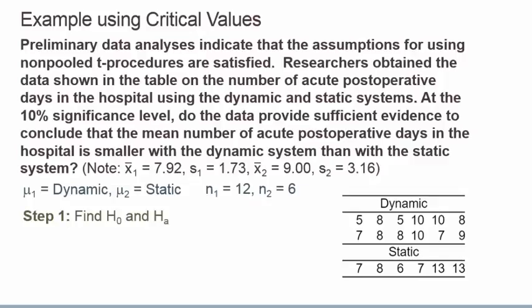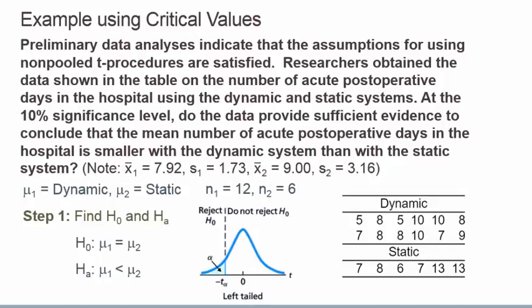Step 1. Find H sub 0 and H sub a. H sub 0 is always mu sub 1 equals mu sub 2. Next we want to find H sub a. Because we want to show that the days in the hospital is smaller with the dynamic system than with the static system, H sub a is mu sub 1 less than mu sub 2, which means we have a left-tailed test.